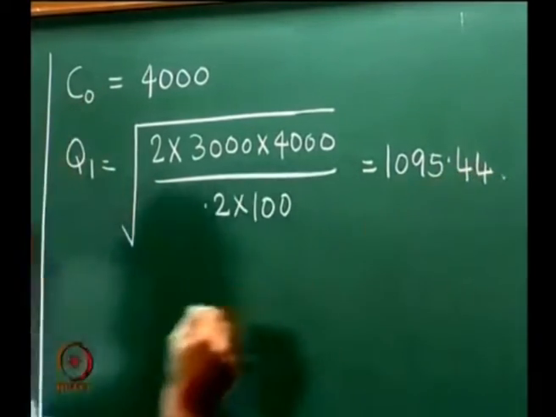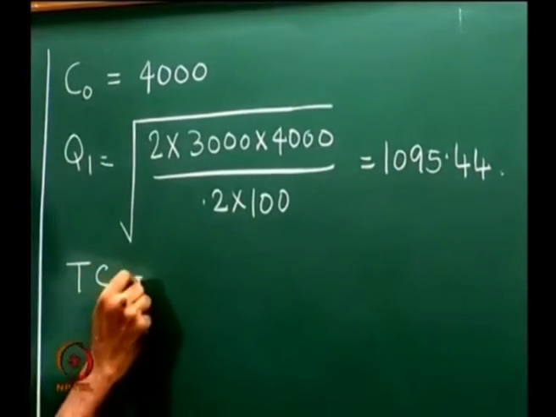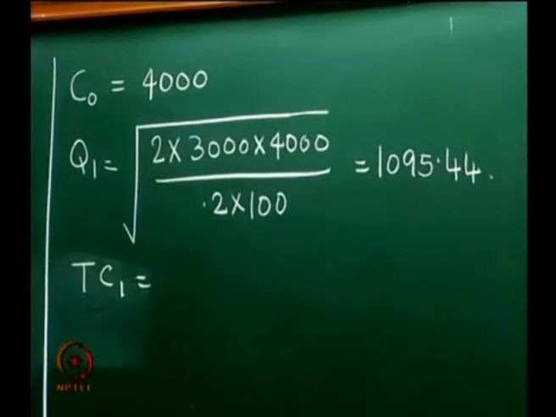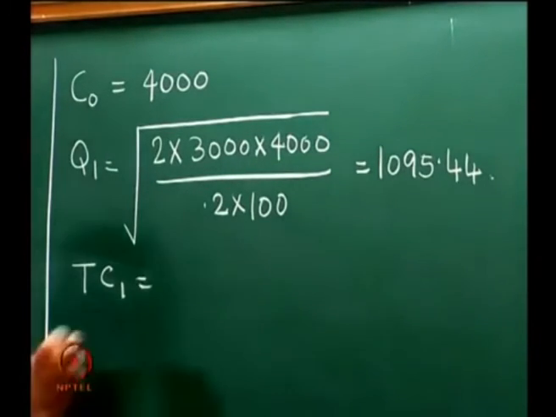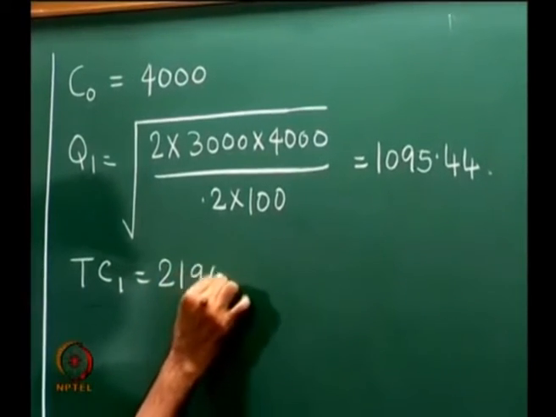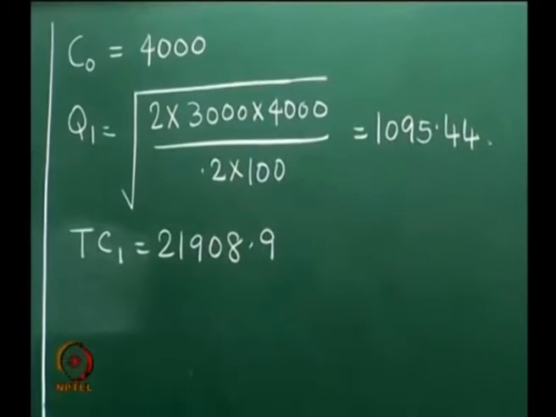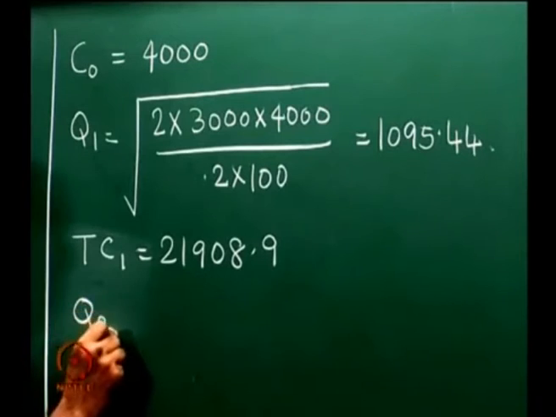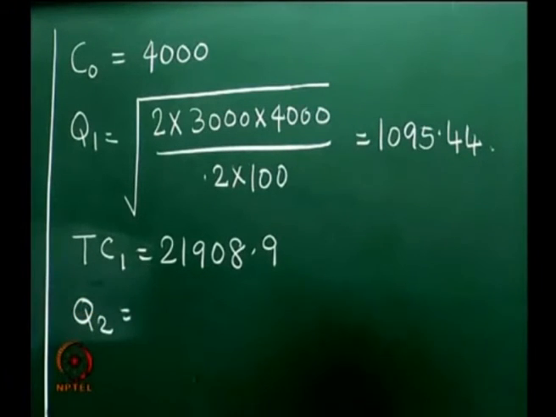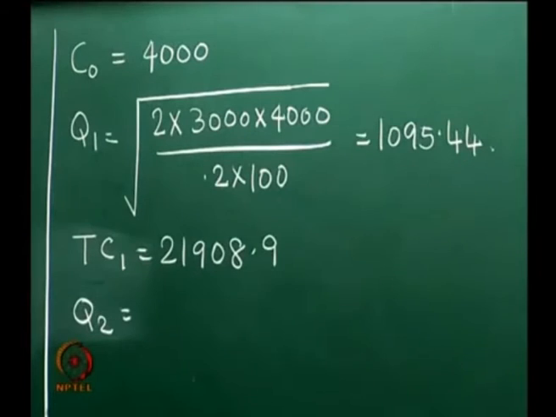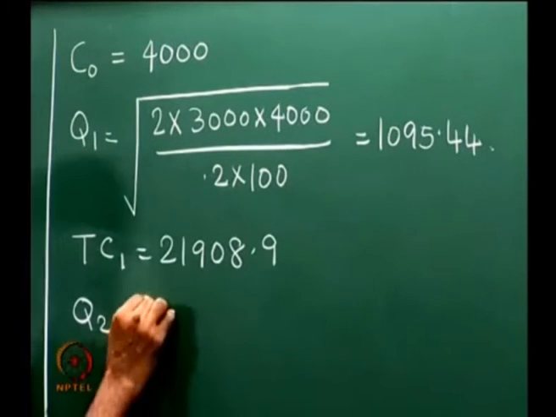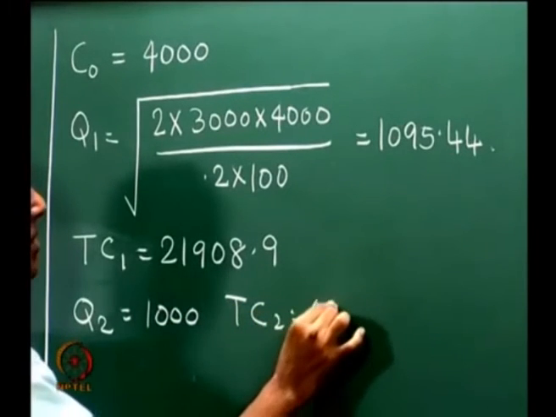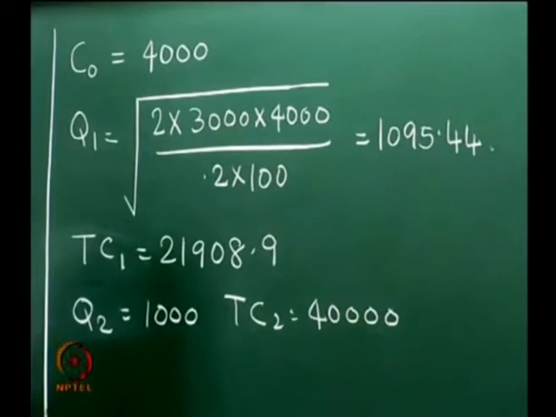The total cost TC1, which is the sum of order cost and carrying cost for this item, is 21908.9. In a similar manner, if we calculate Q2 and TC2, we find that Q2 turns out to be 1000 and TC2 turns out to be 40,000.